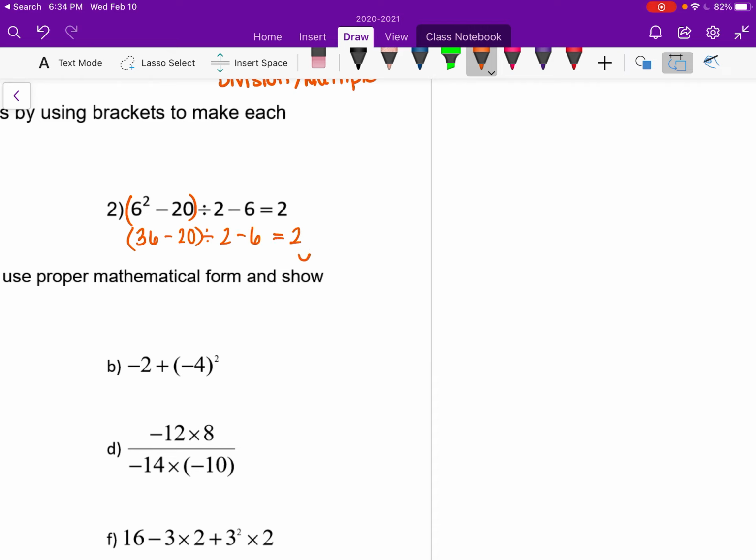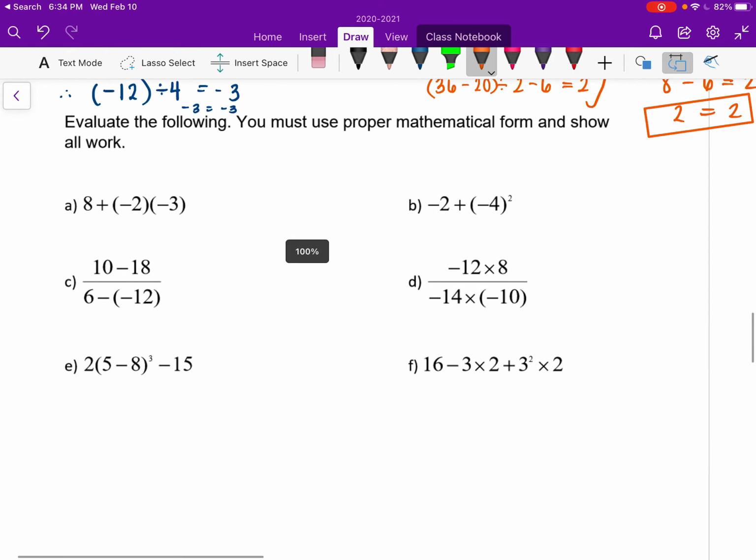Let's make sure that's correct. 36 minus 20 is 16, divided by 2, minus 6. 16 divided by 2 is 8, minus 6. You can't do 2 minus 6 because you have to do the division first. So 8 minus 6 is 2. So 2 equals 2, so I know that this is true.